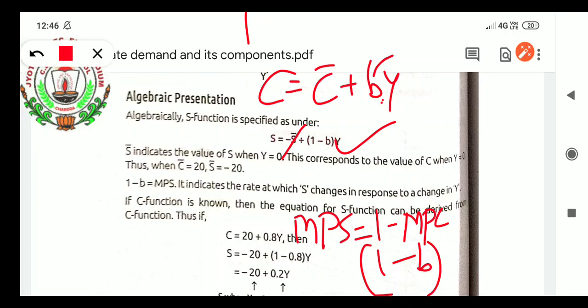Y is the same. If you remember the C function, it will be easy to remember the S function. The S function equals minus S bar plus (1 minus B) into Y. So it will be the saving function.